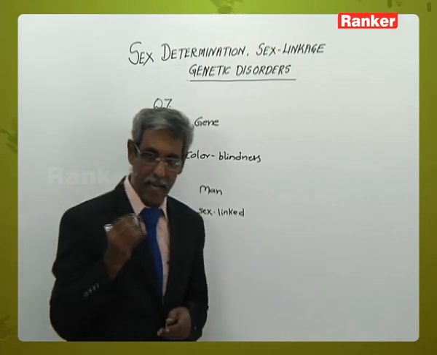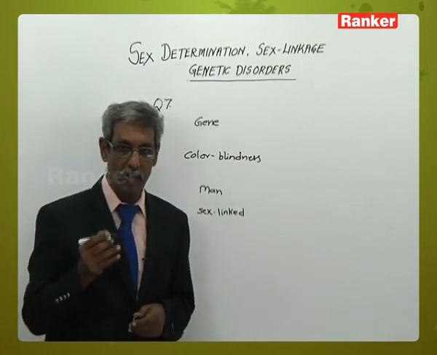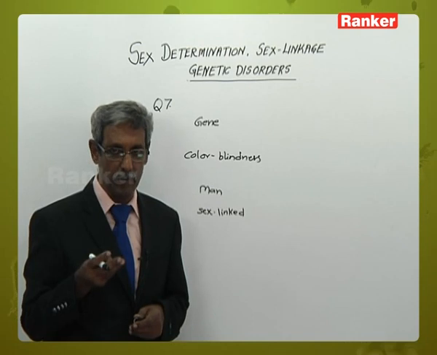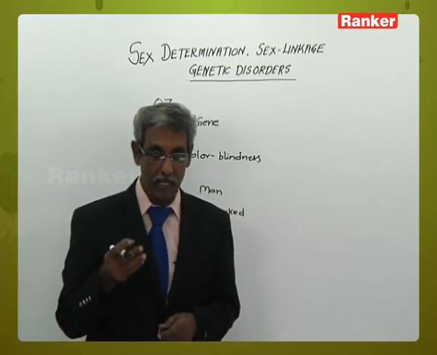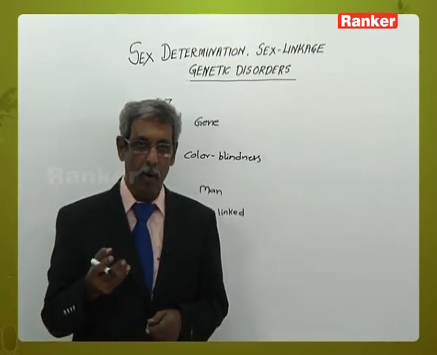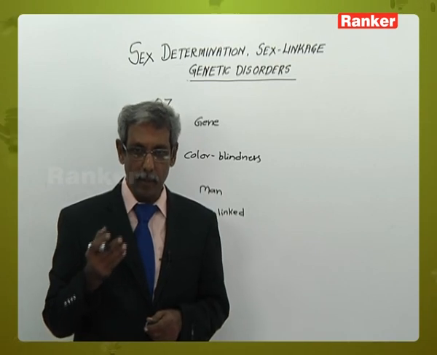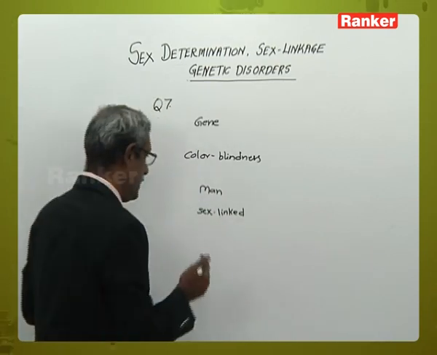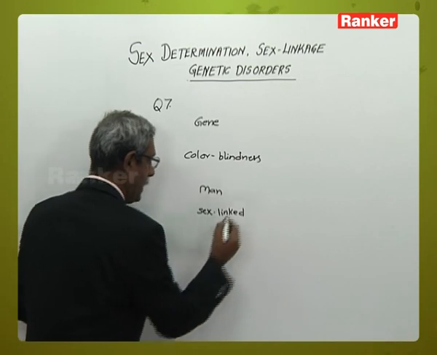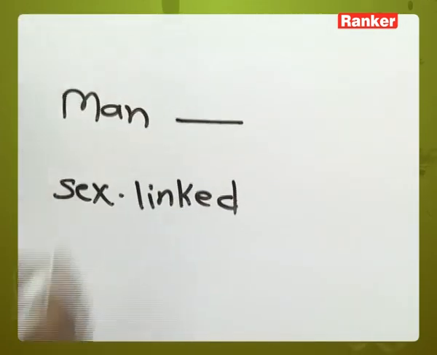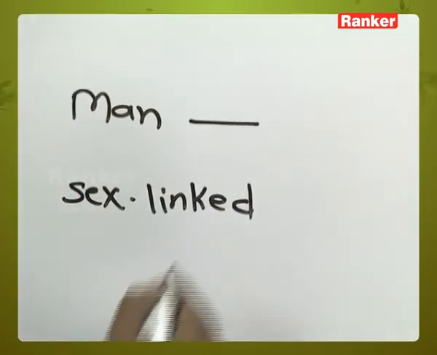A is X chromosome, B is Y chromosome, that is the paternal chromosome. C is either X or Y, or D is both X and Y chromosome. As you understand, it is sex linked, and thereby the color blindness is basically present on the X chromosome.